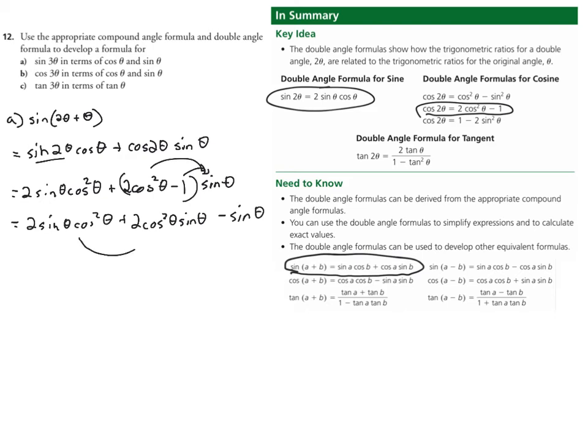Now I did that purposely because these guys now match up, so this is equal to 4 sine theta cos squared theta minus sine theta.